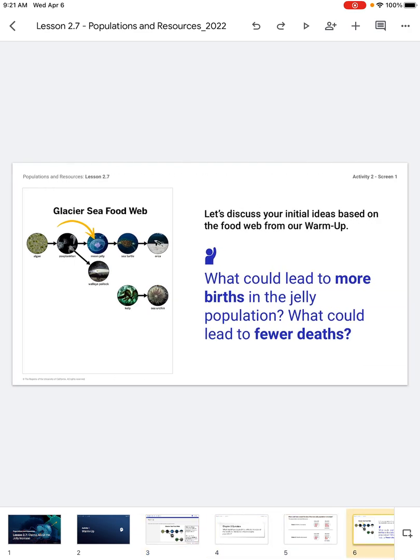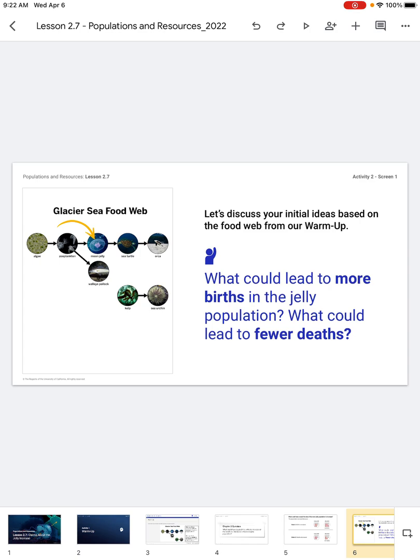All right, so hopefully what you're able to identify is that the only way there could be more births in the jelly population is if they reproduce more, and they need more ESMs to reproduce. So an increase in the zooplankton would have to lead to an increase in the moon jelly population.